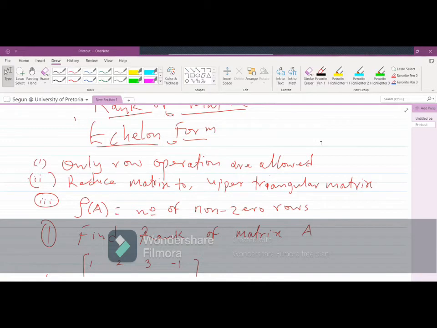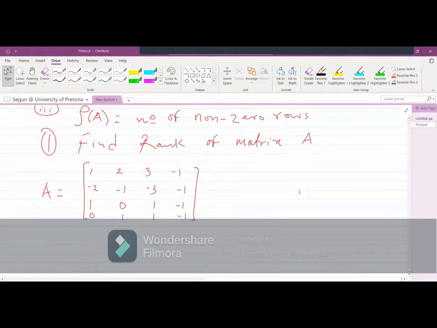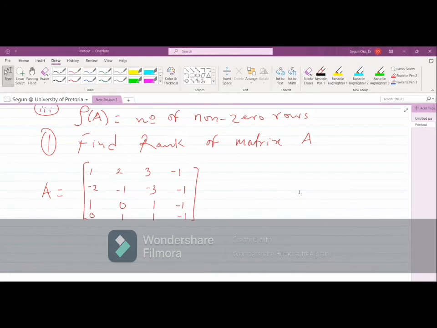You need to know the definition of upper triangular matrix. If you know the definition, then you don't have a problem. You must be able to identify your diagonal, and the upper part of it must be non-zero.